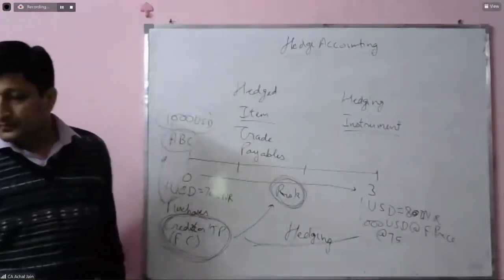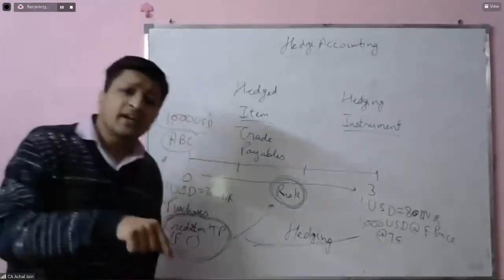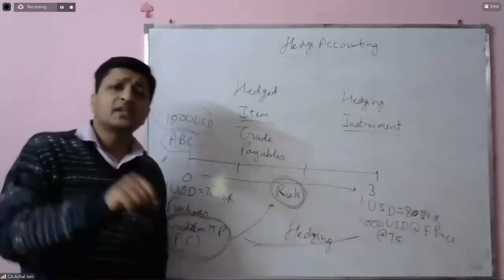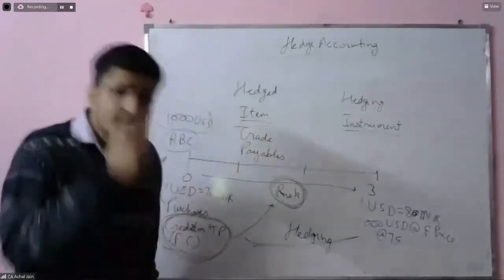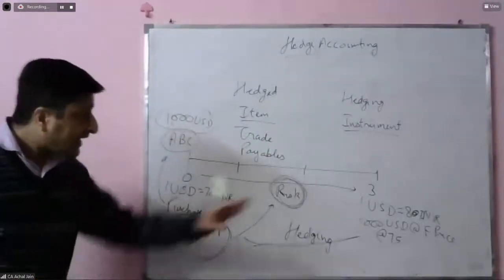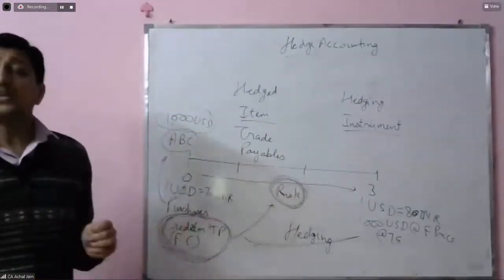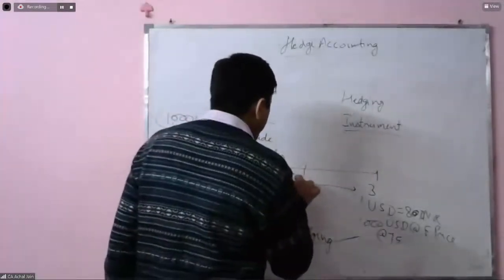You may say, but sir, we are not hedging the trade payable. We are actually hedging the risk which is attached to them, which is true. We are definitely hedging the risk. And what is that risk?